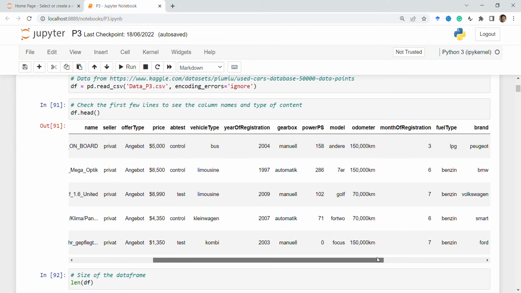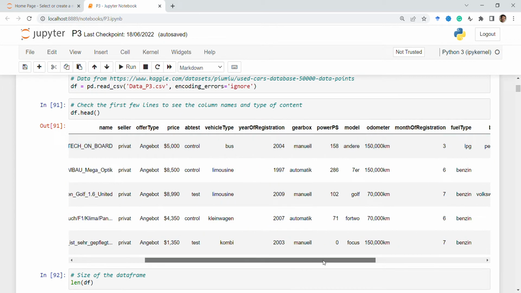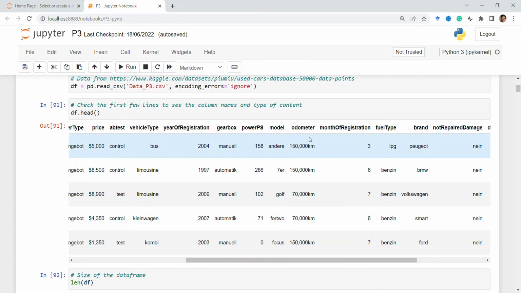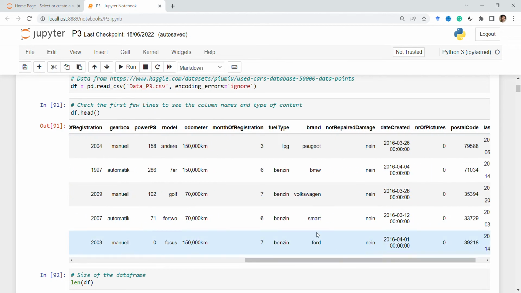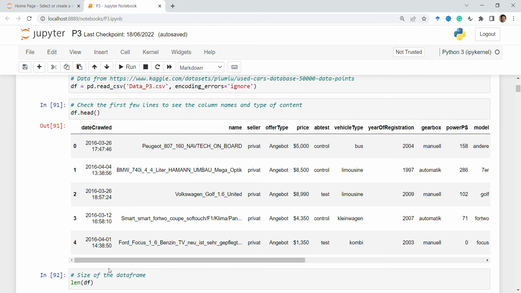in dollars, and whether there has been a test to show that the car is in good condition, the vehicle type, the year of registration of the car, the kind of gearbox, manual or automatic, and the power of the engine, then the model, the number of kilometers of the car, the month of registration, the fuel type, the brand, and whether there is unrepaired damage, the date that the announcement was created, number of pictures, postal code, and the last time the car was visited on the web.